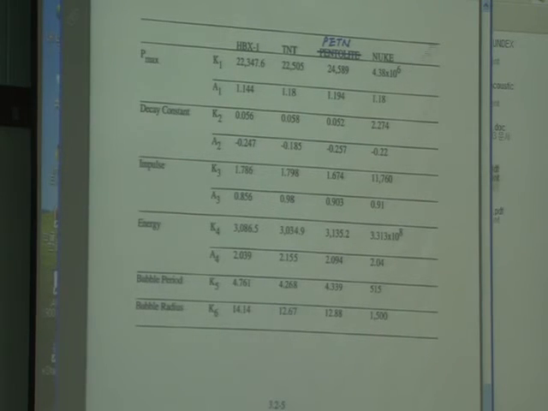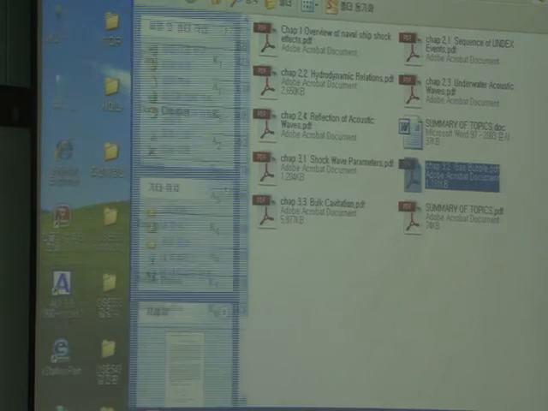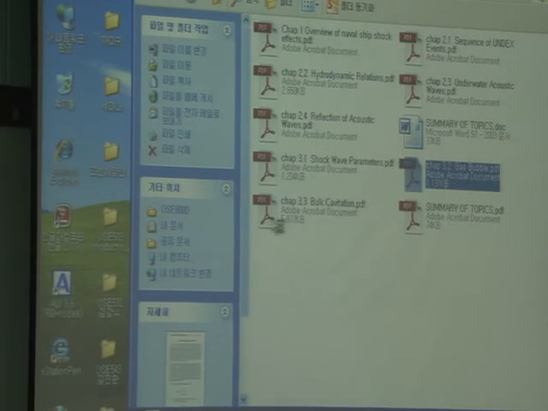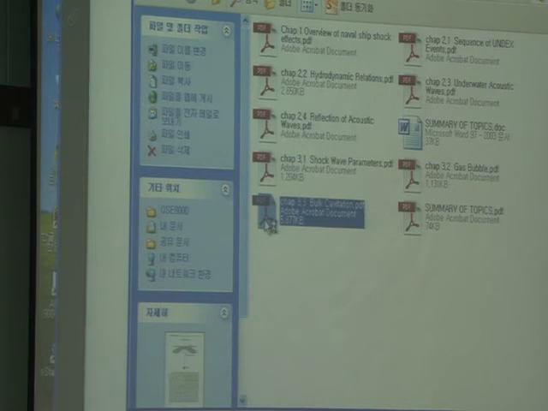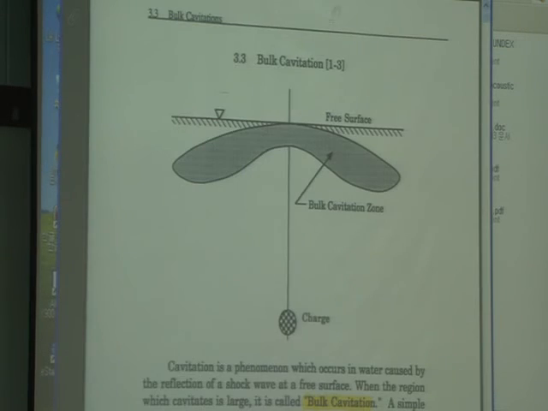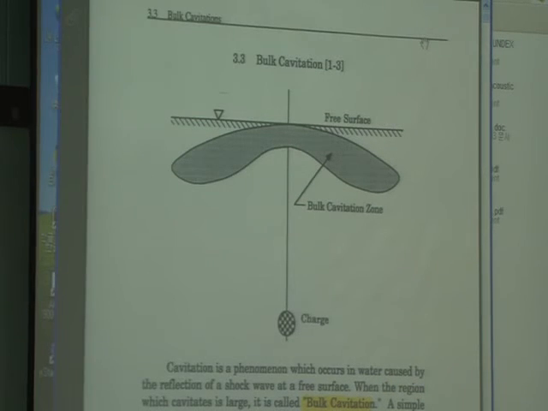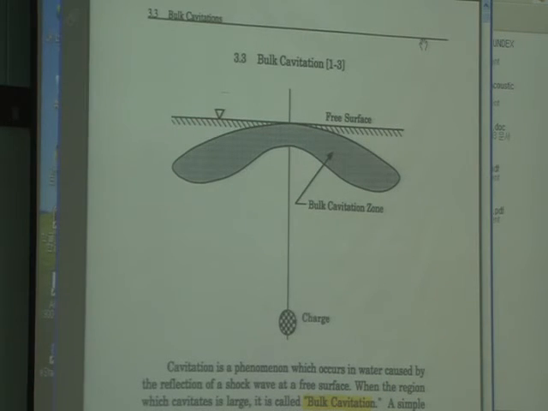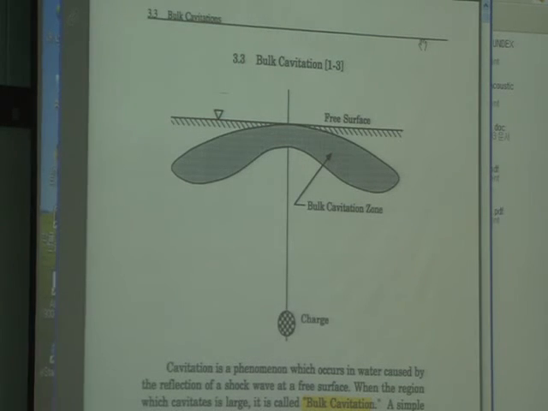Okay, this is section 3.2, and 3.3 I'm not going to do today. 3.3 is bulk cavitation. And bulk cavitation, if you look at your notes, has two sections.